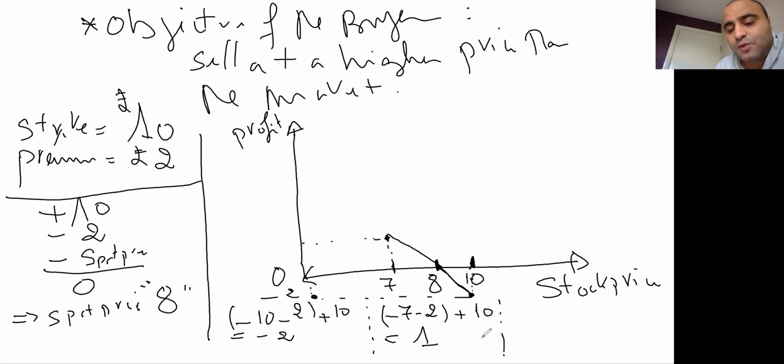Let's imagine now that the price is 6. Once again, he'll buy it at 6. He has paid a premium of 2. He will sell it to the person at 10, and he will be making a profit of 2.